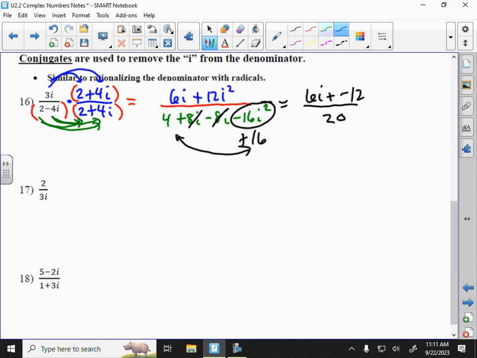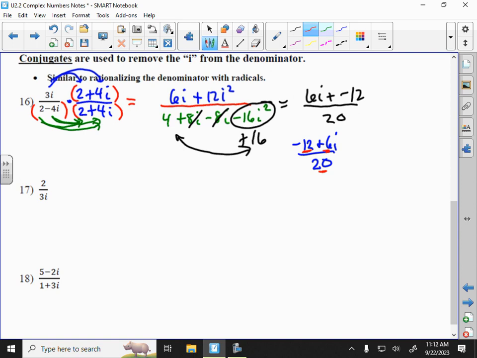All right, I have to write this in standard form, meaning the imaginary part comes second. On top, I have the imaginary part coming first right now, so I'm going to just switch this around. So it's negative 12 plus 6i, all over 20. Now, once you get to this step, if you have 3 numbers, so here's 1, 2, 3, if there's a number that divides into all of them, you have to divide them all by that number, just like we did with the radicals.